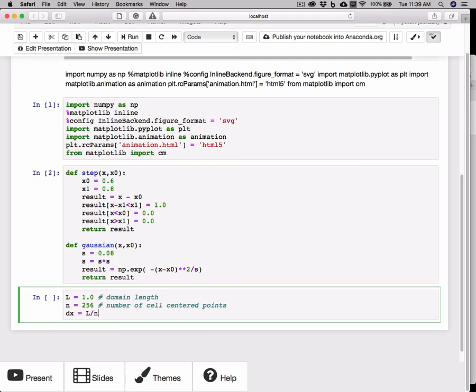Because this is finite volume. These are the cell centers, or the intervals, okay? So number of intervals, if you want. Intervals, cell centers in FV formulation, okay? So dx is L over n. When we were doing finite differences, we were looking at n as the number of points, and then you had n minus 1 intervals, okay? So don't confuse the two.